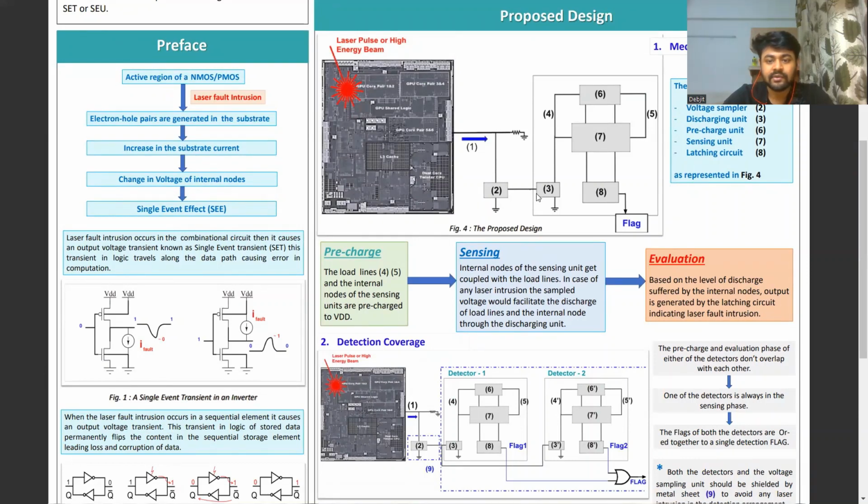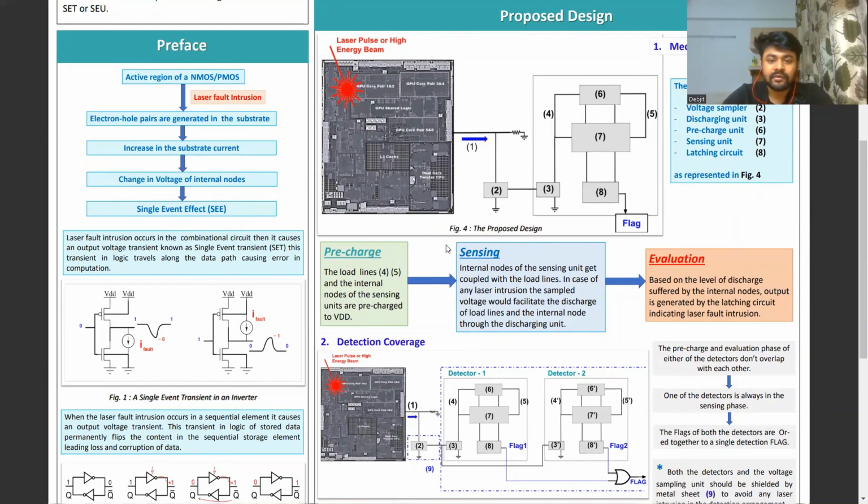The voltage is fed to the discharging unit. The discharging unit discharges the load lines that were initially set to 1 or VDD. Here, the precharge unit is also used to charge up the internal nodes of the sensing unit. Based on the voltage of the sensing unit, the latching circuit triggers the flag indicating a laser attack.